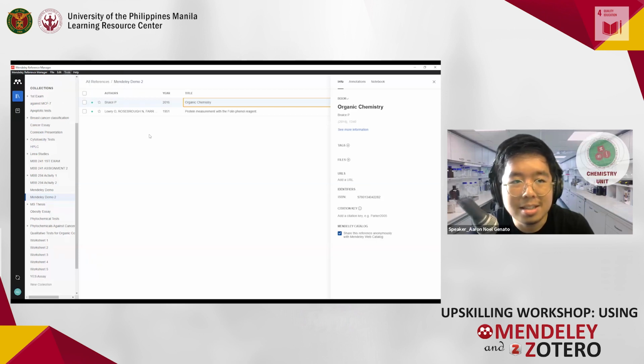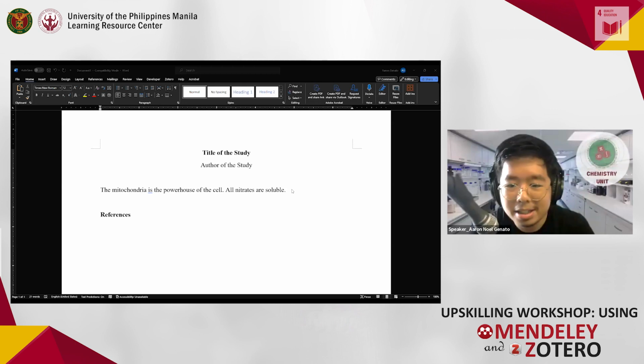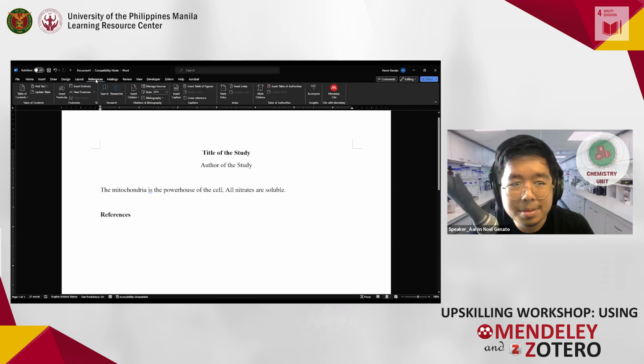Okay? Okay. So let's go to my word processor again and show you how I will be citing using the Mendeley Cite plugin. Okay? Ayan. So, yung Mendeley Cite plugin natin will be located dito sa References tab. Okay? So, if you started sa Home, nandito siya sa References tab.